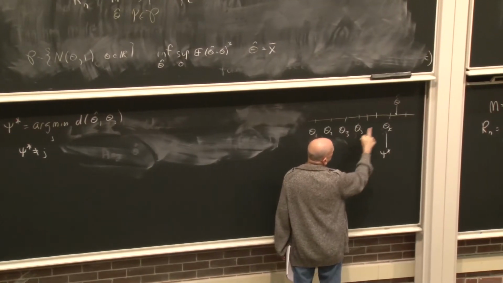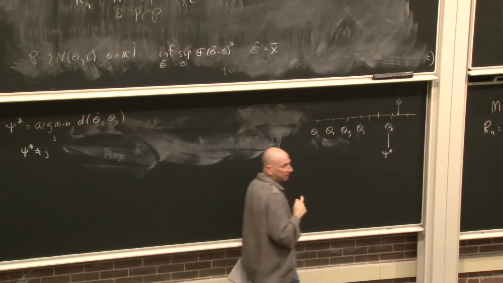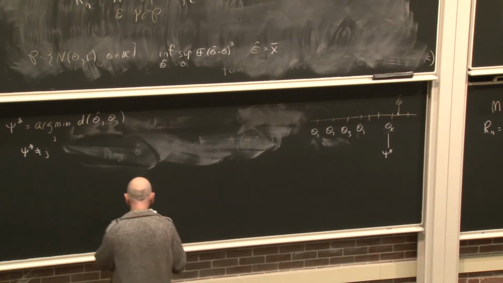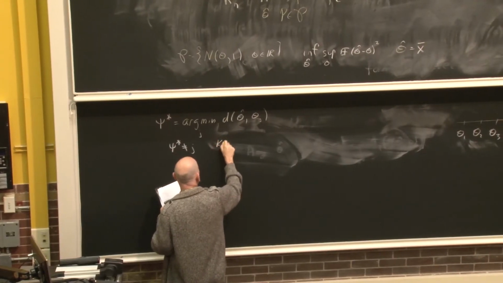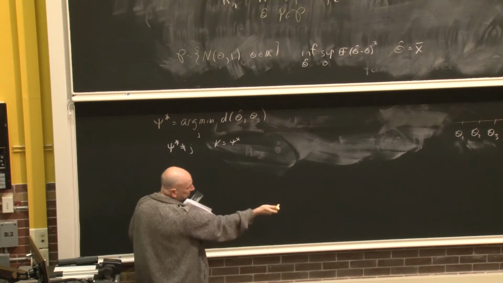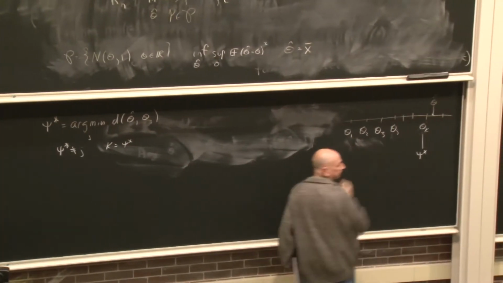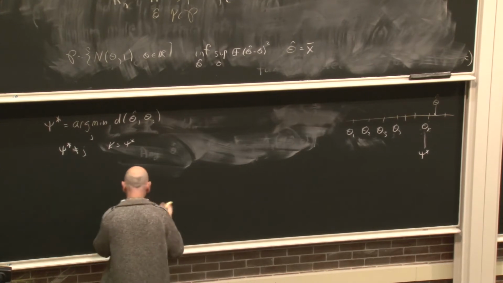You compute your theta hat. I compute the closest one on the grid. Suppose it's not equal to theta j. Then I'm claiming that, and I'm going to just write k for phi star like I did in the picture, the closest guy, this phi star, must be pretty far from theta j. Let's just write that out.